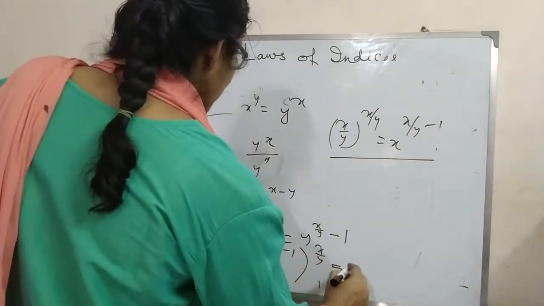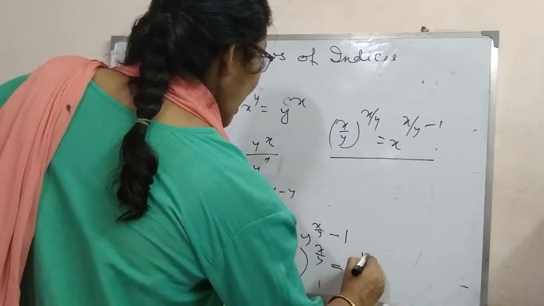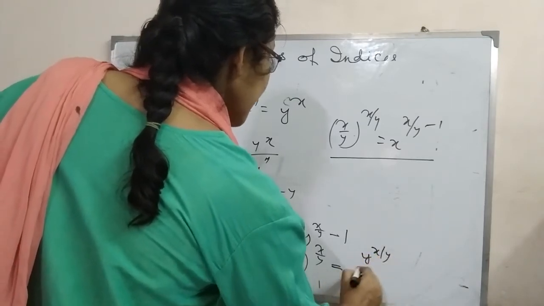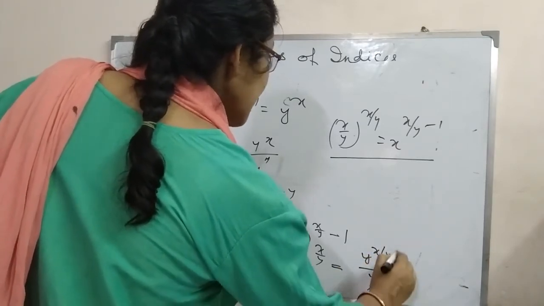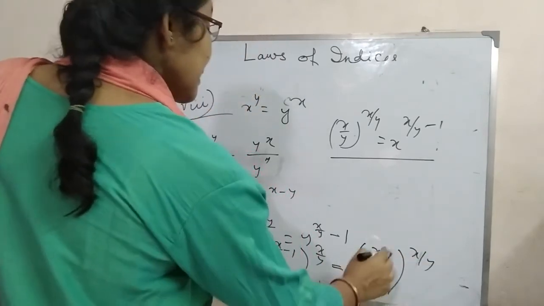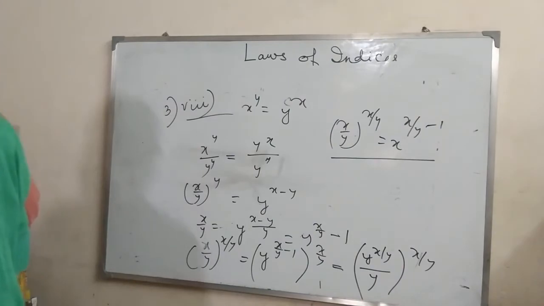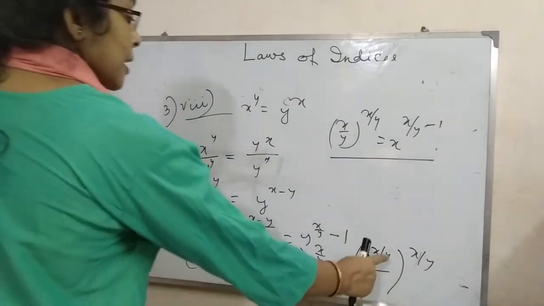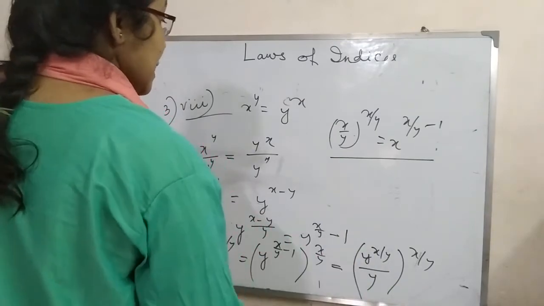That is equal to y to the power x by y whole to the power x by y. This is equal to x.